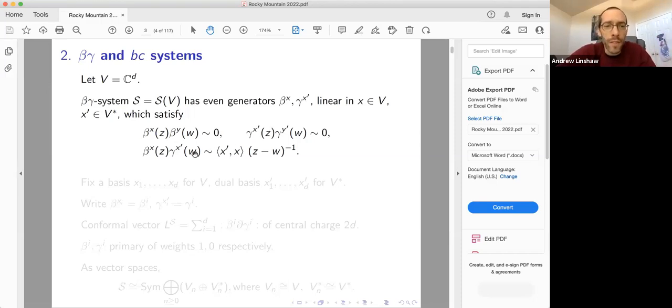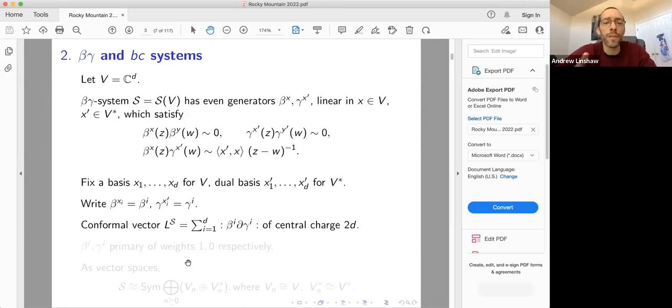And they satisfy some OPE. So the betas commute, the gammas commute, and the interaction of beta and gamma is just the first order pole, which is the pairing between V and V star. So I'm going to pick a basis for V and a dual basis, so then this just becomes delta ij, and I'll change my notation. Beta x i will just be beta i, and gamma x prime i will be gamma i.